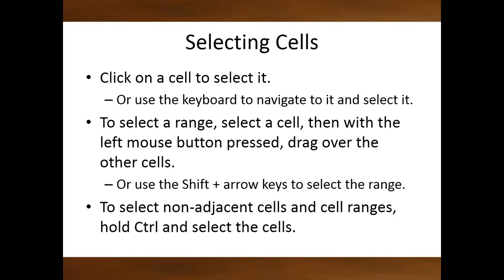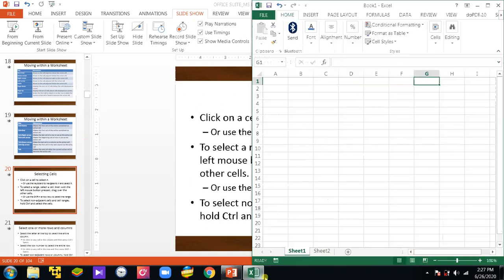To select a range, select a cell, and then with the left mouse button pressed, drag over the other cells. Let me show you. Let's say I want to select this cell up to this cell. I want to select all these cells.